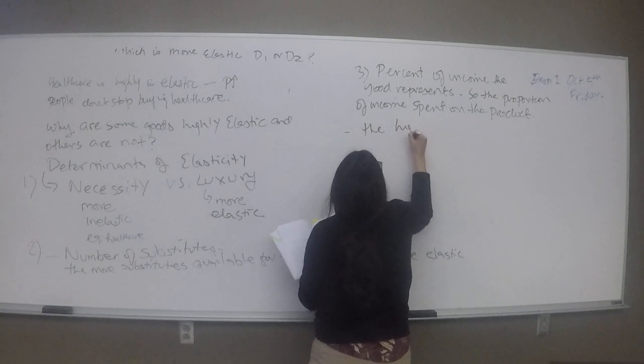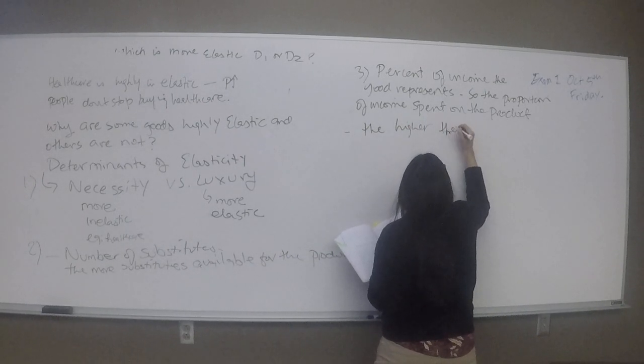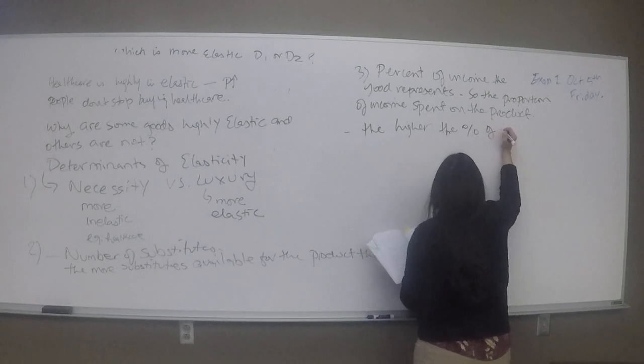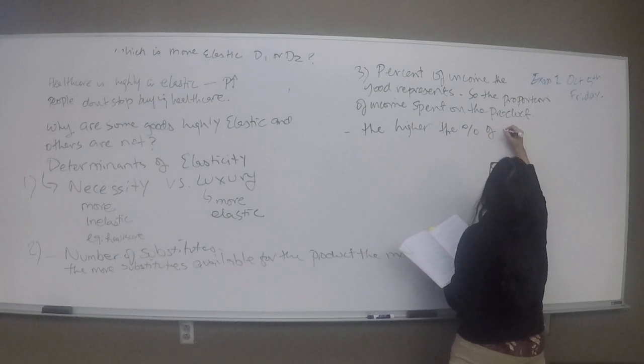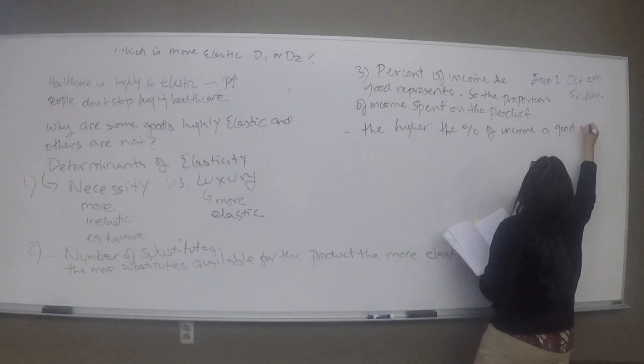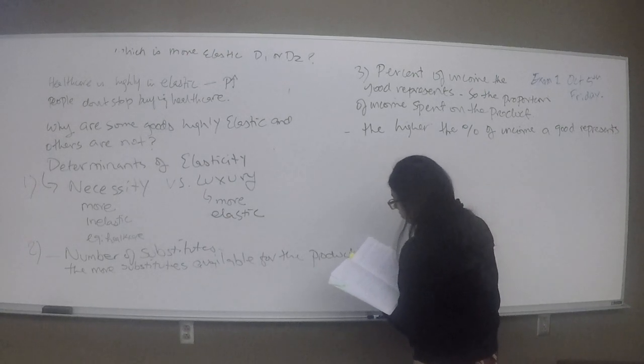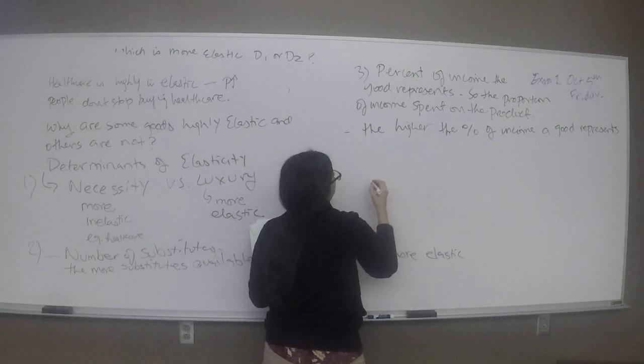The higher the percentage of income a good represents, the higher the elasticity.